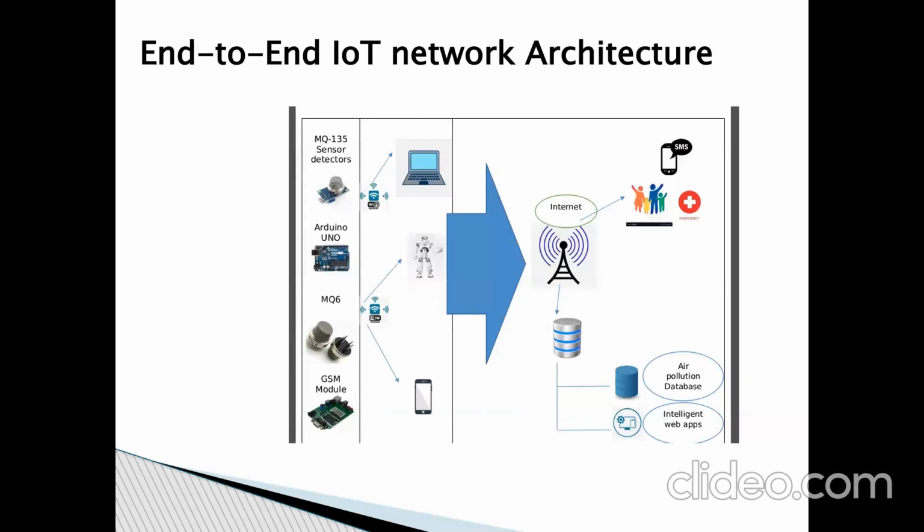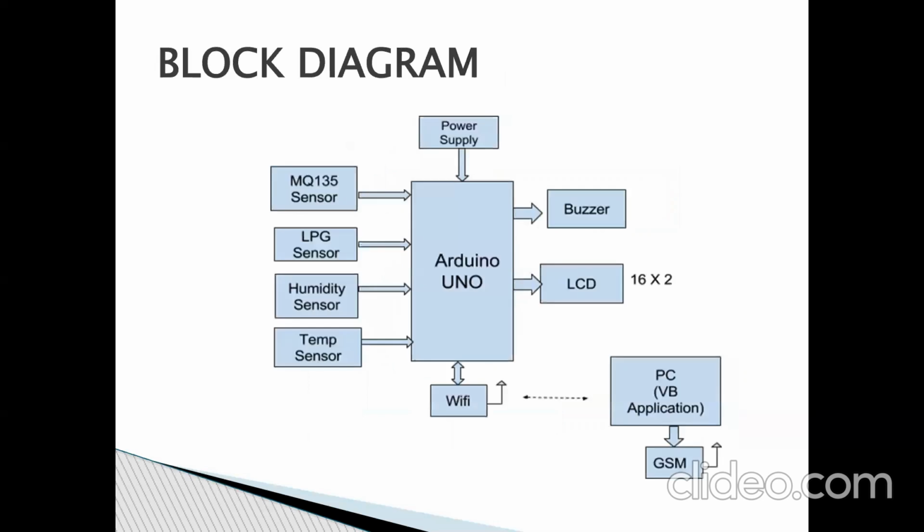The sensors should be used in our project, and the software, and also the cloud platform that should be implemented in our project. Next slide. Here is the block diagram. How our application will determine the level of air quality is shown in this diagram. Next slide.